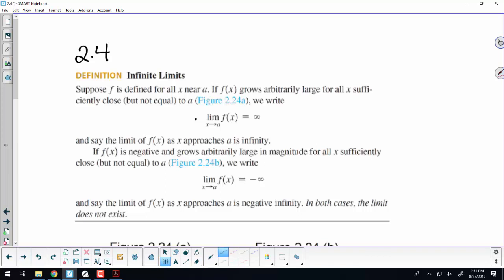The definition of an infinite limit is just as we discussed. x is approaching some finite number on a given function, and the y values are getting larger and larger. That's how we interpret that. Or the other definition: x is approaching a finite number, and the y values are getting larger and larger, but in the negative direction.